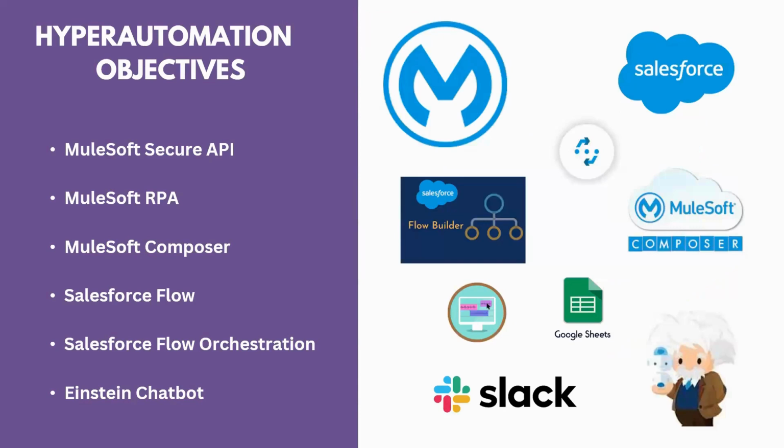All righty. So the hyperautomation objectives. Now, as we look at the various components that are needed for this use case, it also goes hand in hand with what is going to be on the exam. And there are reasons we have to do things certain ways to support the hyperautomation connectivity across the board.